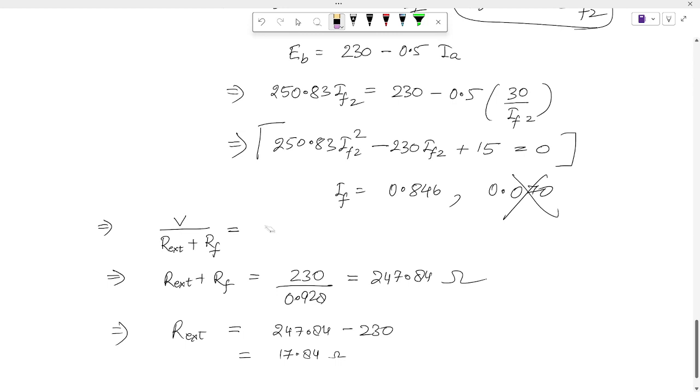So IF is 0.846. So divide 230 by 0.846. We are getting 271.86.